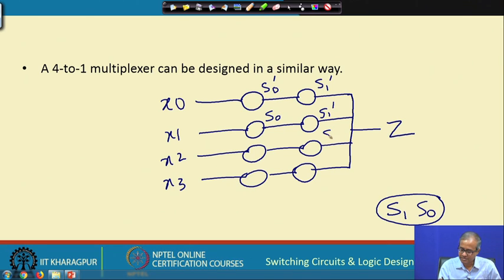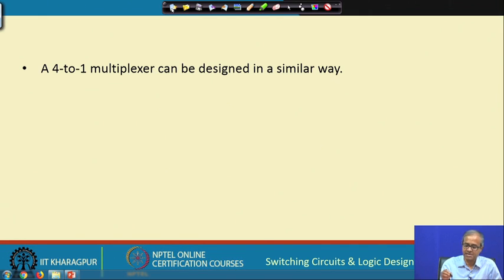Third row, this will be S 1, this will be S 0 bar, and last row both S 1 and S 0. So, depending on the value of S 1 and S 0, you can easily see that exactly one of the paths will be selected, with both transmission gates conducting, and the corresponding input will be moving to the output, right. This is how multiplexers can be conveniently implemented using CMOS transmission gates.